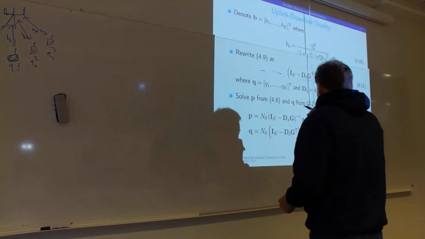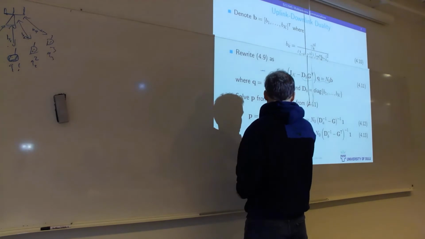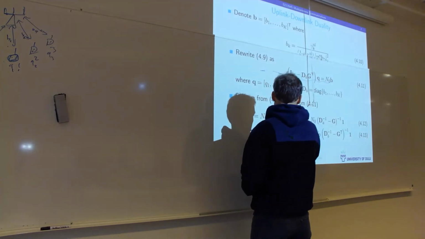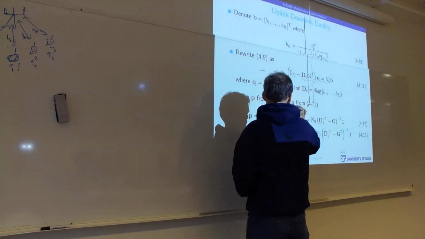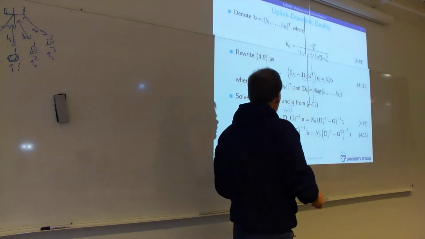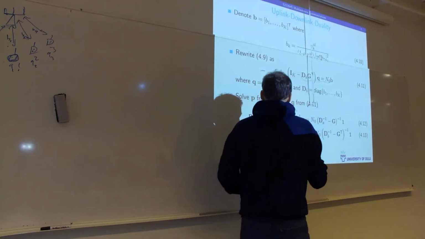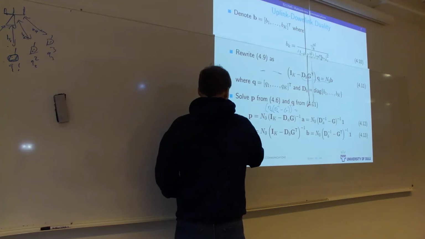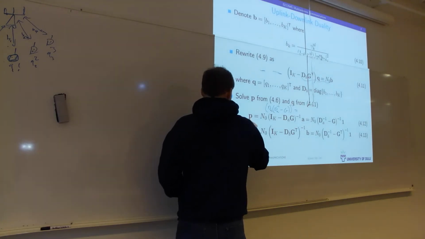You can rewrite this one, for example, EA times EA inverse minus G inverse. Okay. Now this is equivalent to inverse for square matrix.